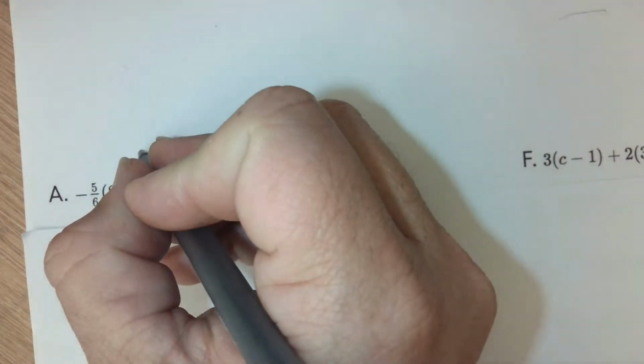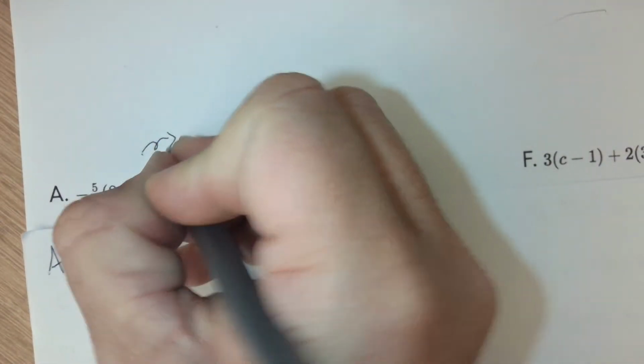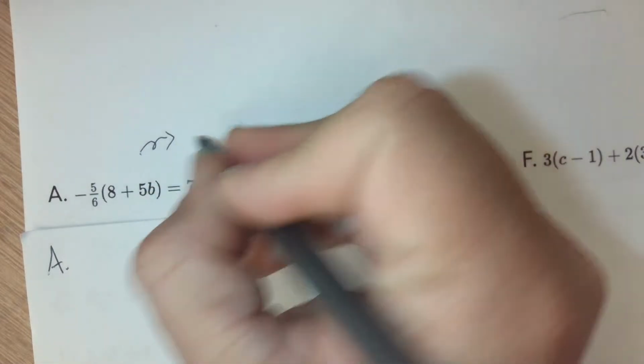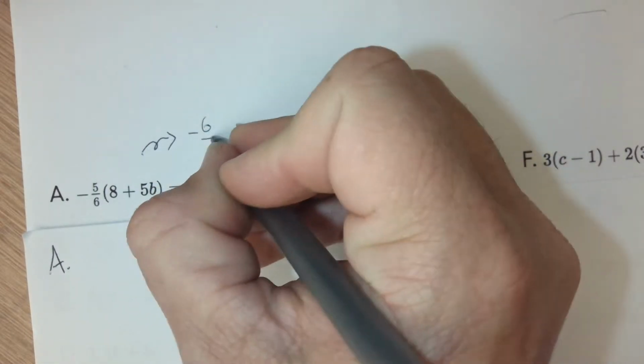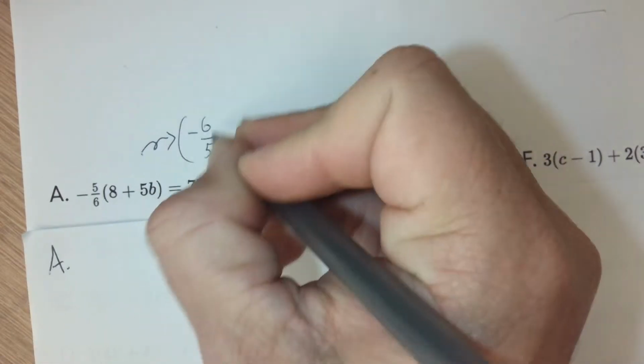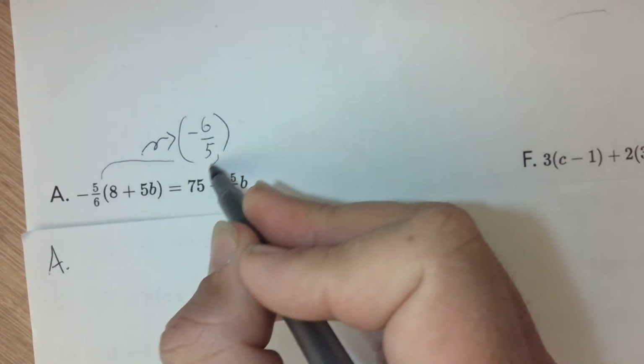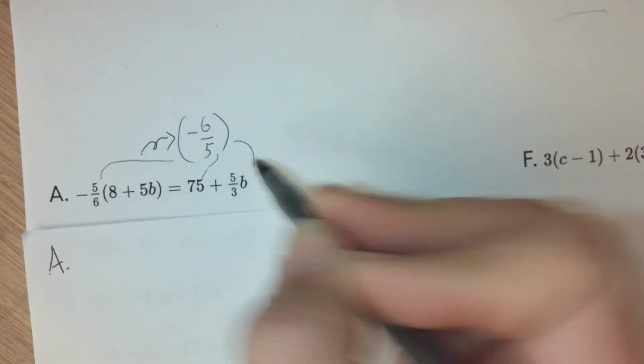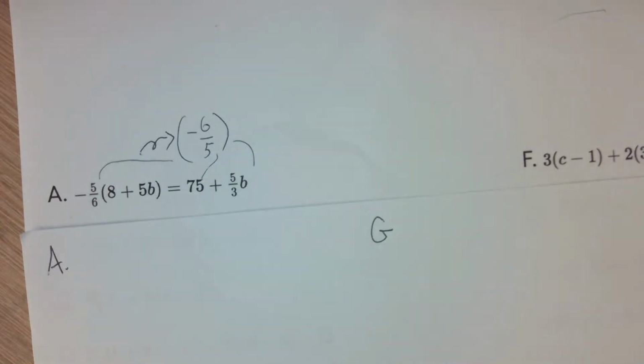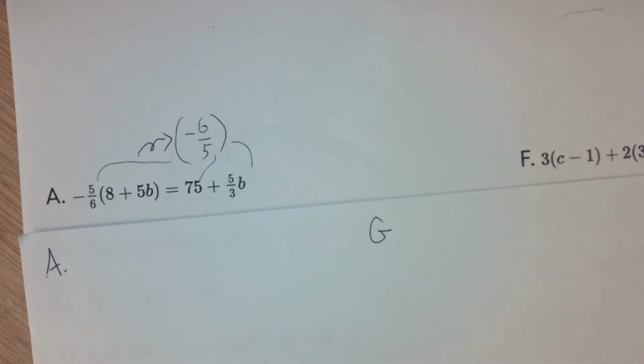So when I flip negative 5 sixths, my reciprocal is negative 6 fifths. So I'm going to multiply the left side, the 75, and the right side by negative 6 fifths. And this will hopefully cancel the fractions. There'll be no more fractions.